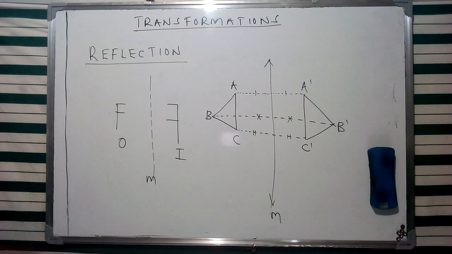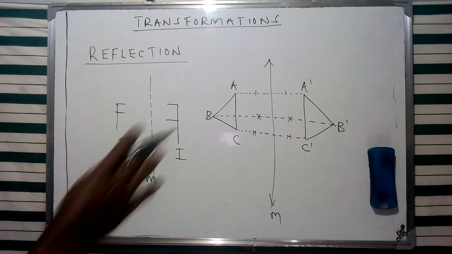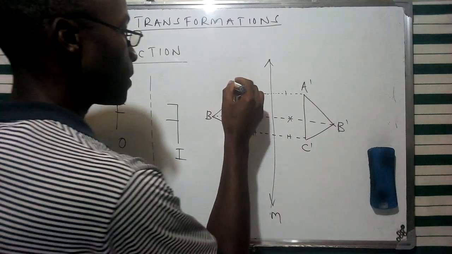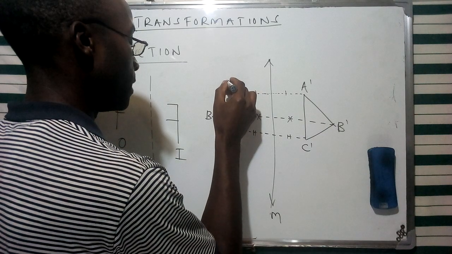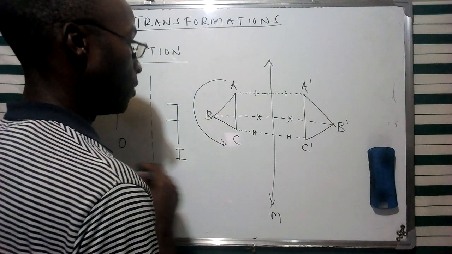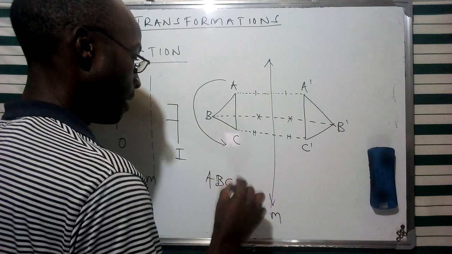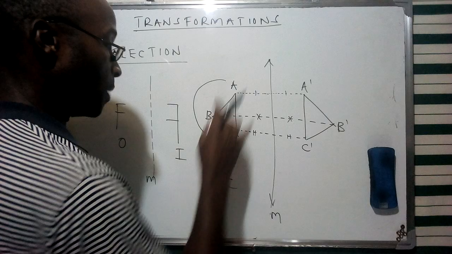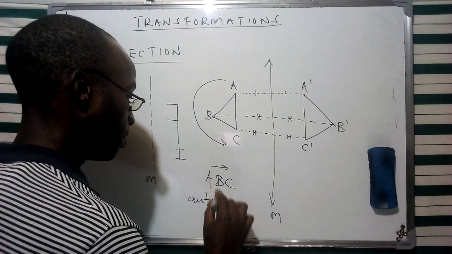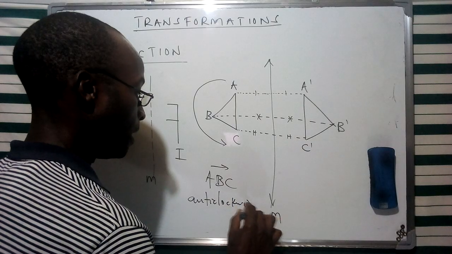But contrary to that, if we look at the specific direction or orientation of these letters, we can consider an individual moving from this point over A to C. The motion along this path from A to C is going to be in an anti-clockwise direction.